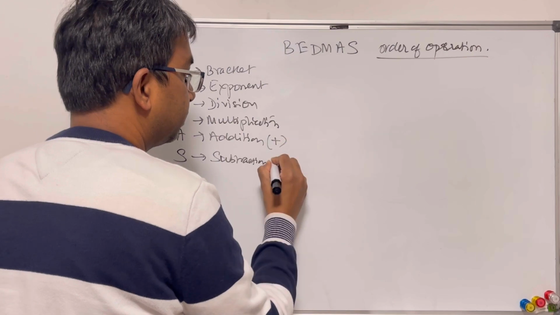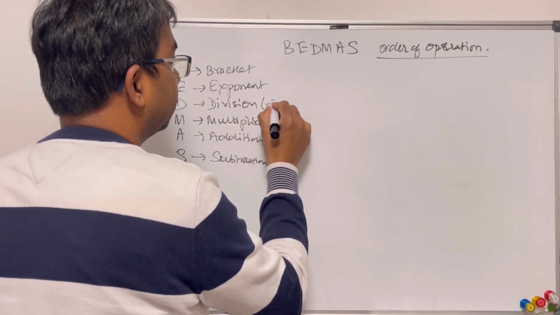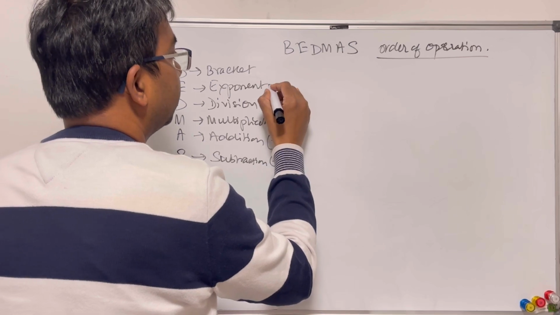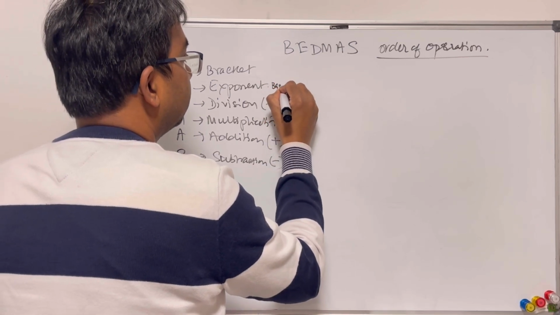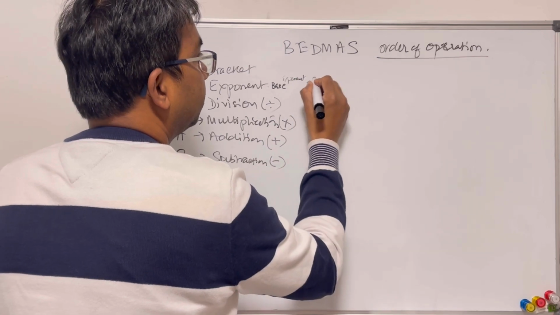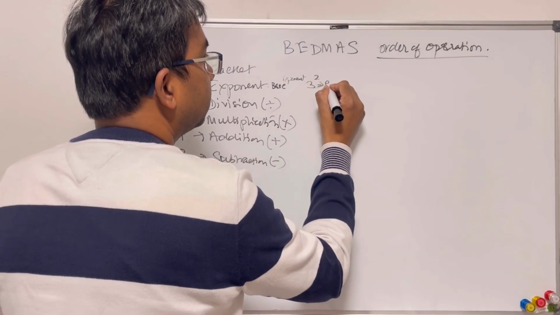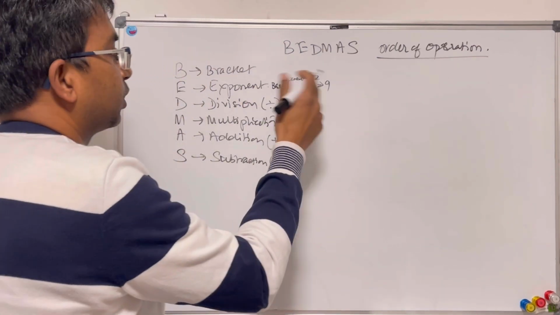Addition is plus, subtraction is minus, multiplication you all know, division is divide, and exponent is the base to the power of an exponent. For example, 3 to the power of 2. This is the base to the power of 2, which means 9. So this is called exponents.